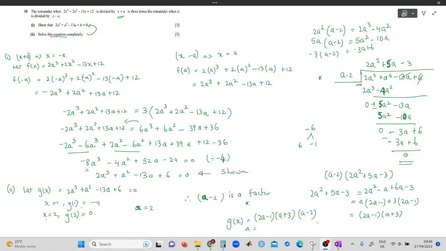So a will be equal to half, minus 3 and 2. These are the 3 values of a. Okay? So this was basically the last question for this session. So you can take the screenshot. Yeah, and that's it. Thank you. Okay, take the screenshot and that's it.